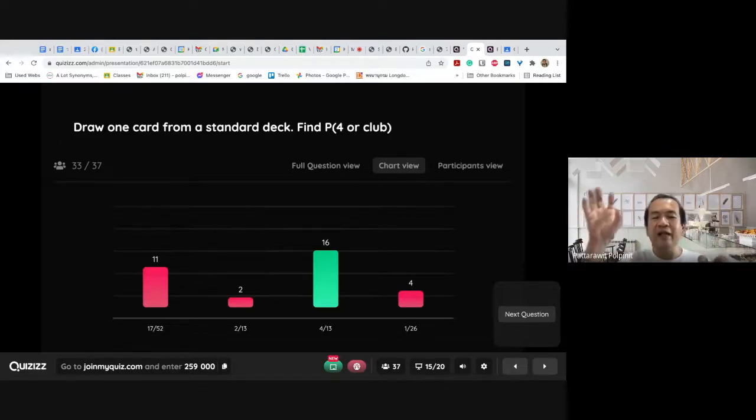So you add 13 plus 4, which gives 17, and then minus 1 for the repeat of the 4 and the club, so you get 16. So the answer is 16 divided by 52. Once you simplify, you get 4 divided by 13. Well done. This is a hard one.